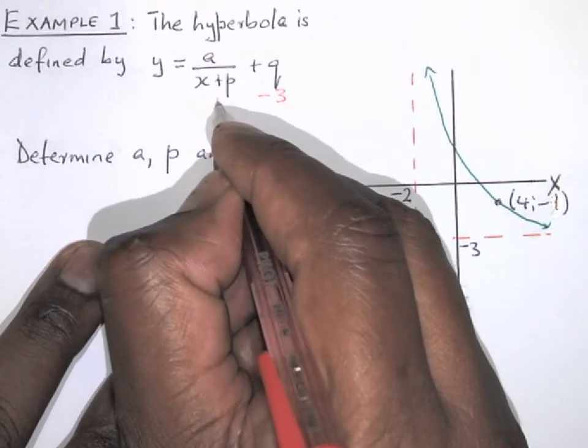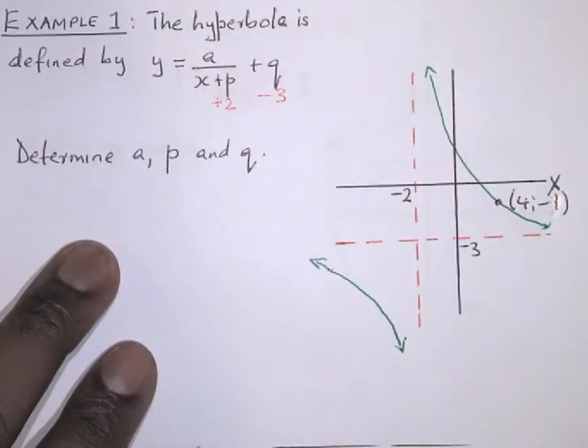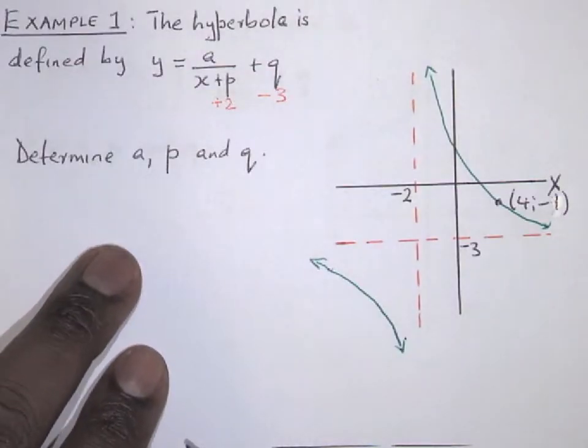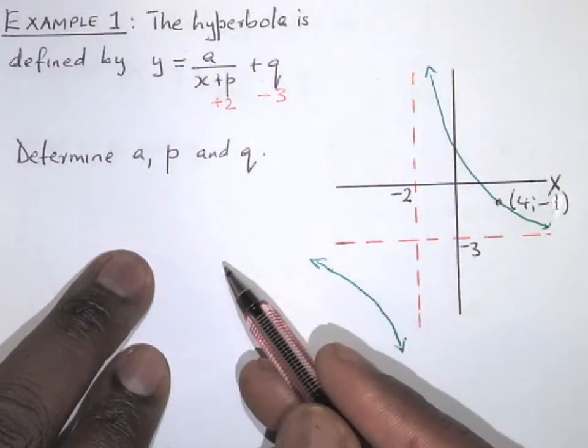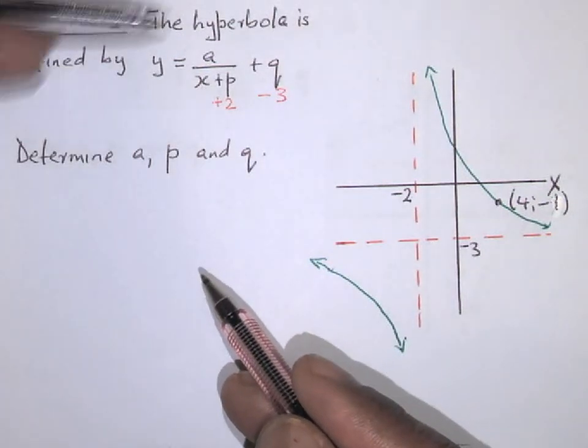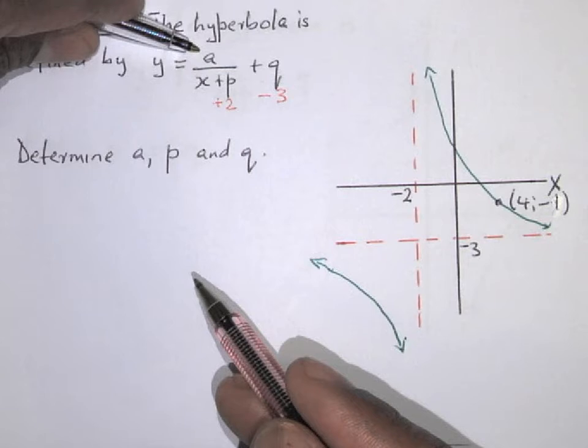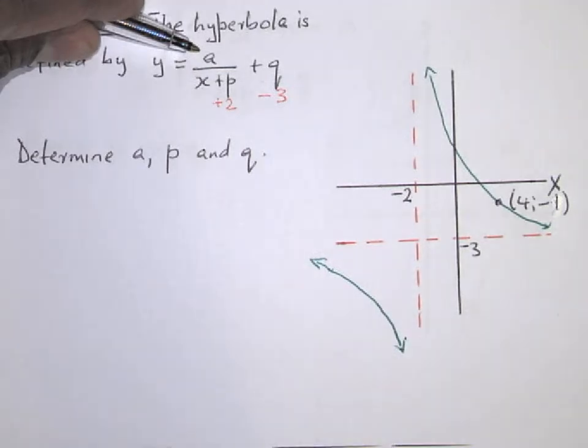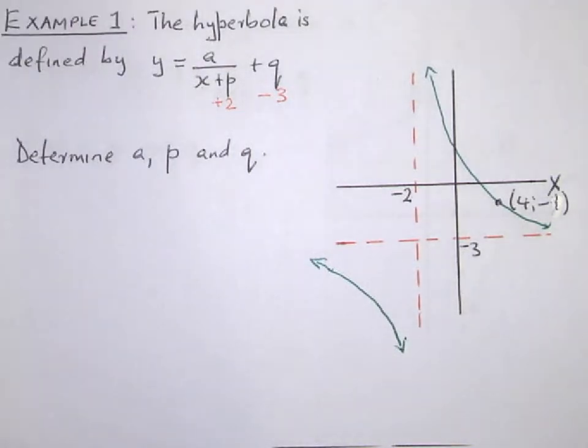So we put there a plus 2. And another thing to recall is that in the previous lessons about the parabolas, the a value was the last thing to find, which we are going to do as the last thing to find as well.